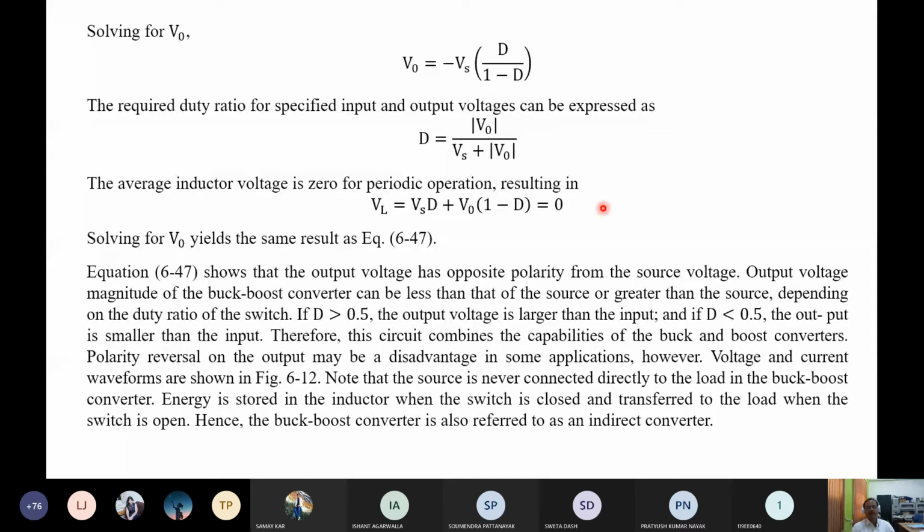That means if the voltage polarity is opposite, this will put a lot of voltage stress on the switch. That is a disadvantage. Negative voltage polarity will put more voltage stress on the switch.